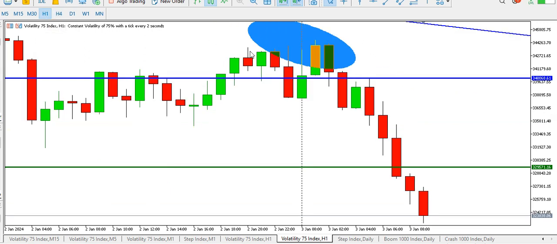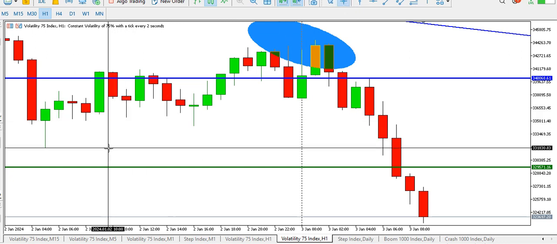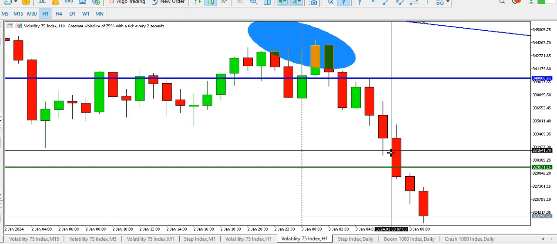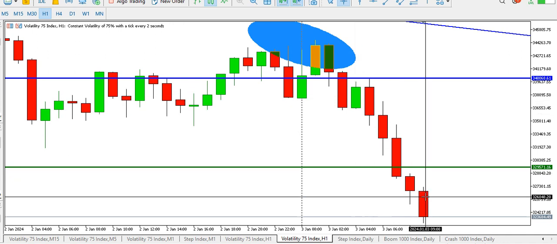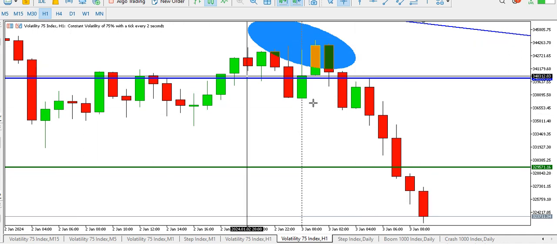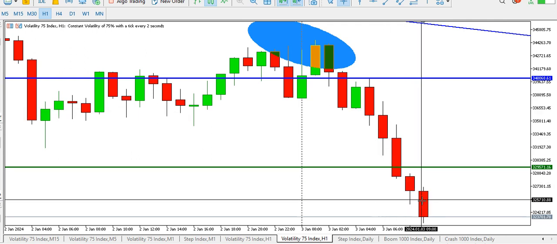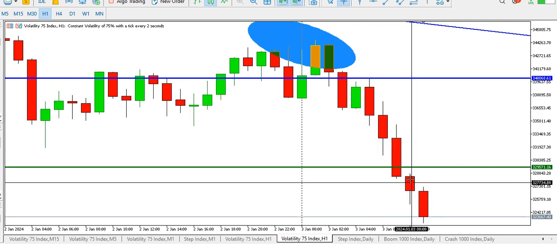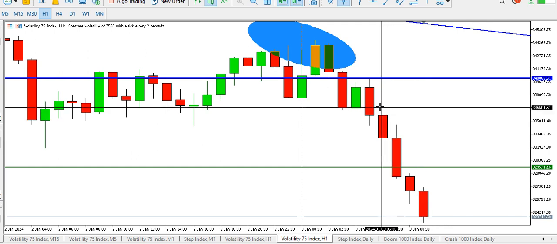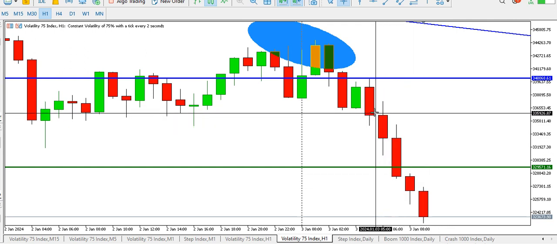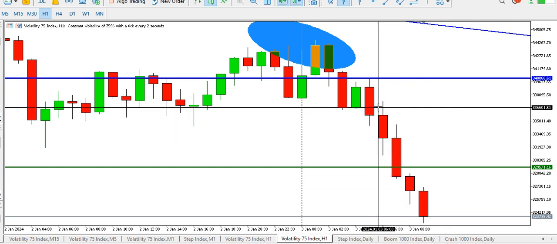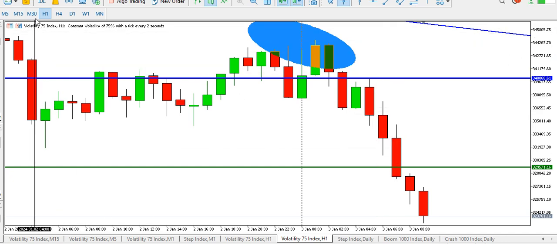On the 1 hour time frame, you can see a break of this structure around here, and price is still dropping. You can see 1, 2, 3, 4, 5 bearish candlesticks already with no bullish candlestick in between, showing the force of the sellers.